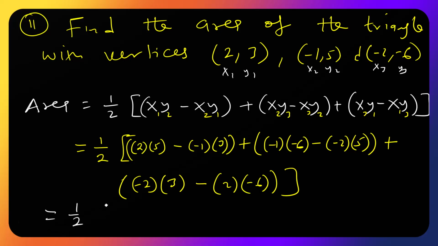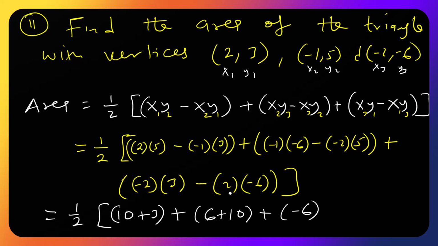So the next thing is to multiply. This side is 10, and this side will be minus 3. So minus minus, that will be plus 3. This side will be 6. So this side will be positive 6. So minus 10 and plus 10. We have minus 6, so plus 12.